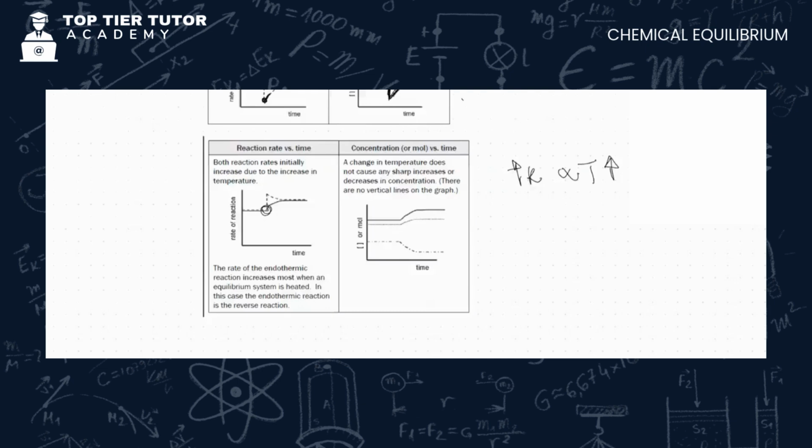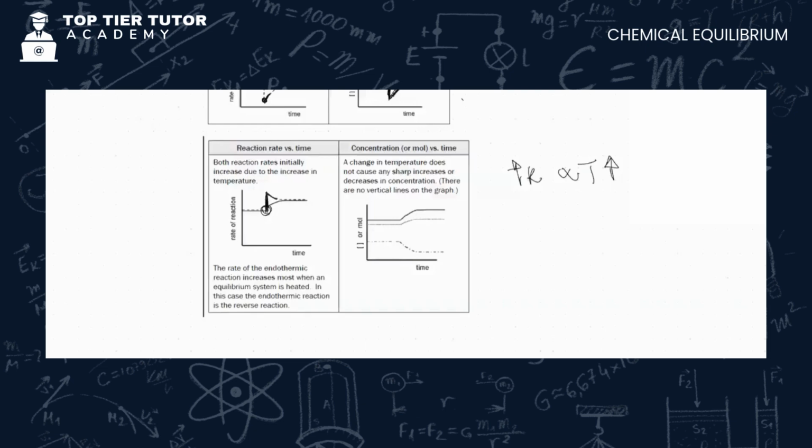We said previously that our reverse reaction is endothermic, so the reverse reaction is going to be favored. Why? Because it's going to oppose the change that we've just made. We have increased the temperature, and by favoring the endothermic reaction, we're going to oppose the change, because the endothermic reaction is going to use that heat.